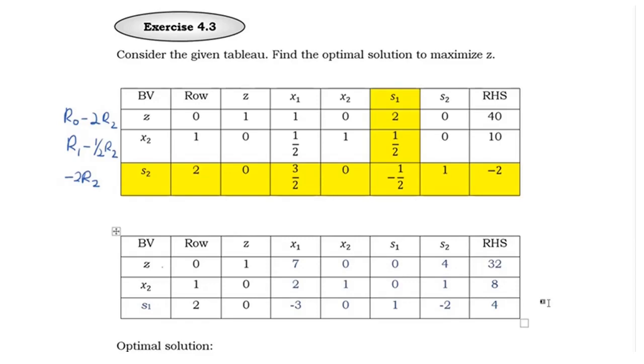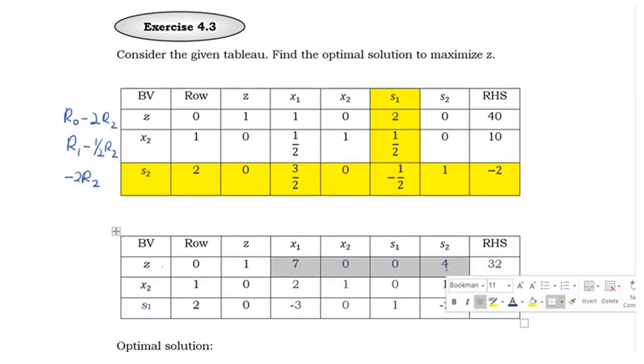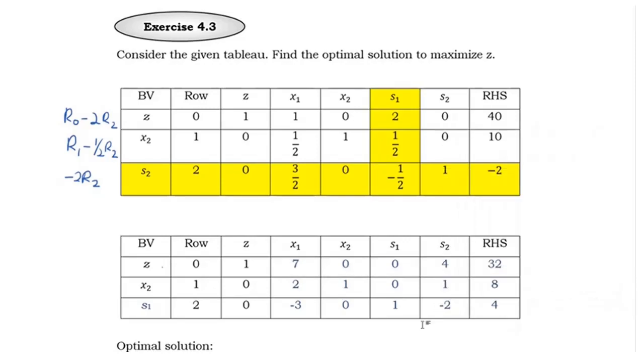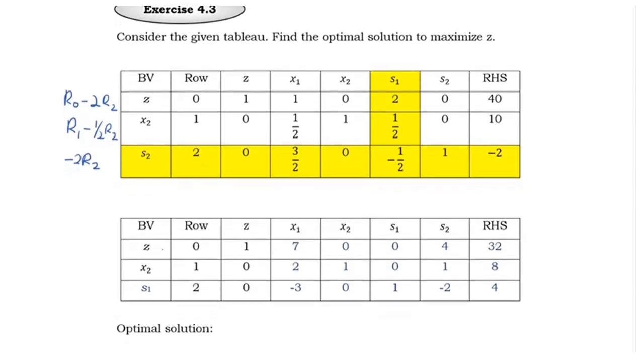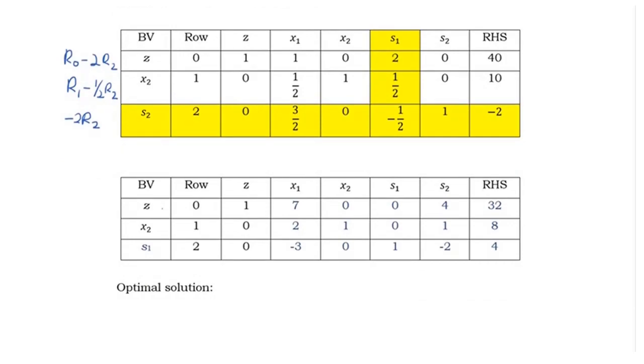Each right-hand side is non-negative and all coefficients in row 0 are also non-negative. Therefore, this is an optimal tableau. The optimal solution to the problem is x1 equals 0, s2 equals 8, s1 equals 4, and s2 equals 0, with the z value equal to 32.